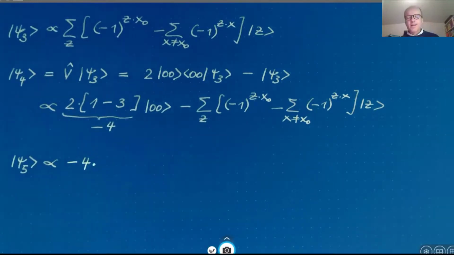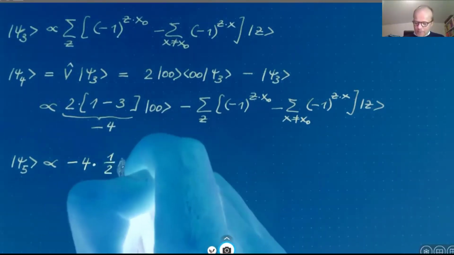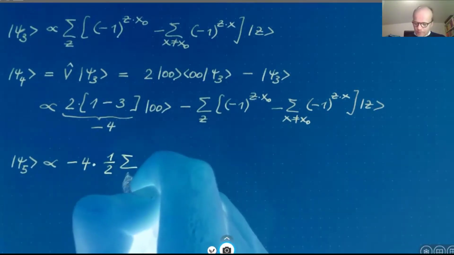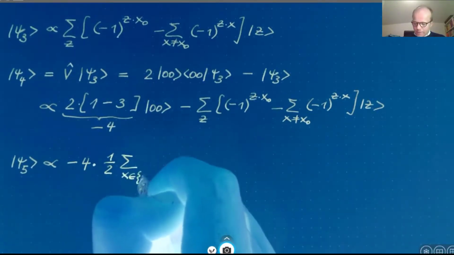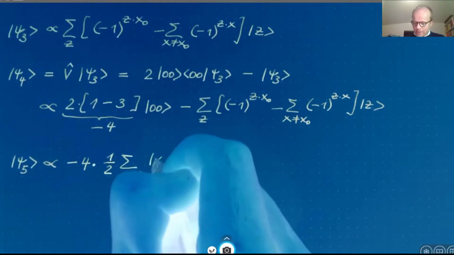And there we use yet another time our nice representation of the effect of the Hadamard transformation on the basis state 0, namely 1/2 sum over all bit strings of length 2 and basis state x.